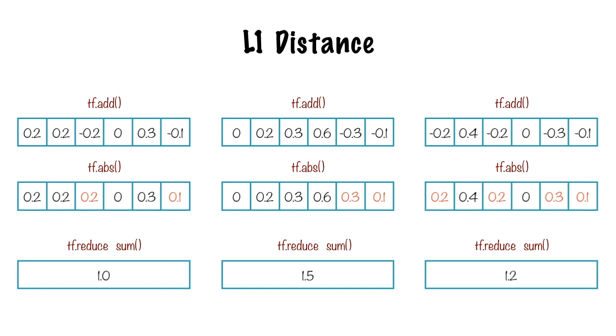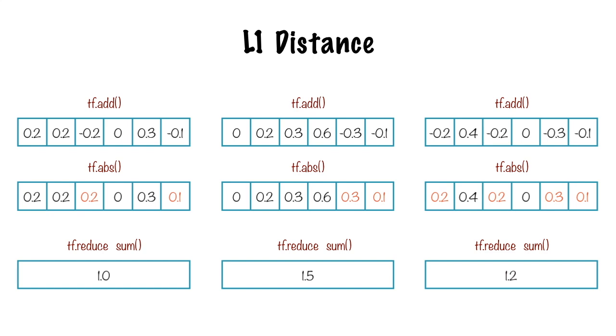So where we previously had 5,000 vectors, each with 784 elements, after applying tf.reduceSum to each of these, we are going to be left with 5,000 vectors, each with just one element. Each element corresponds to the distance between that training digit and the test digit. Because there are 5,000 training digits, we are going to end up with 5,000 distances.